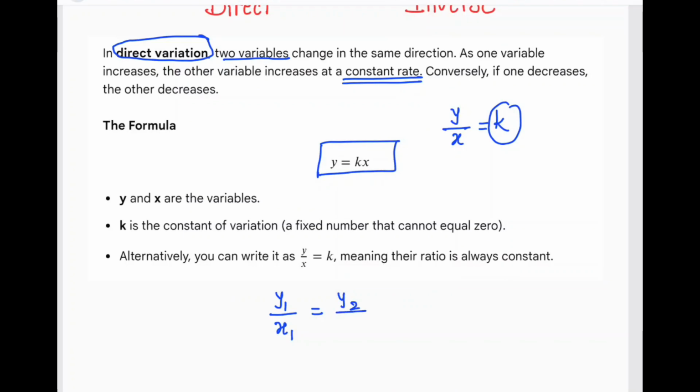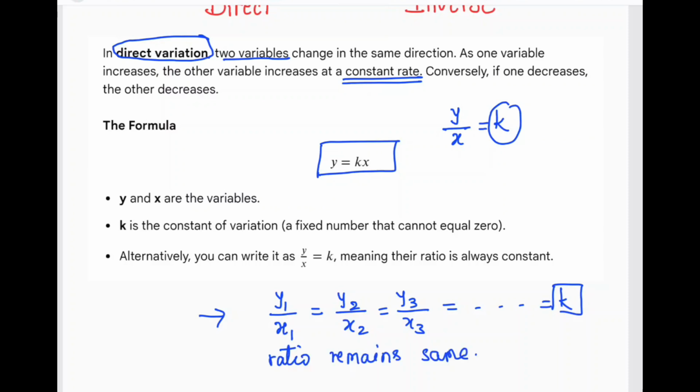So y2 upon x2, y3 upon x3. If this ratio remains the same and is equal to k, then these quantities vary in direct proportion and the proportionality constant is k. Means their ratio remains the same.